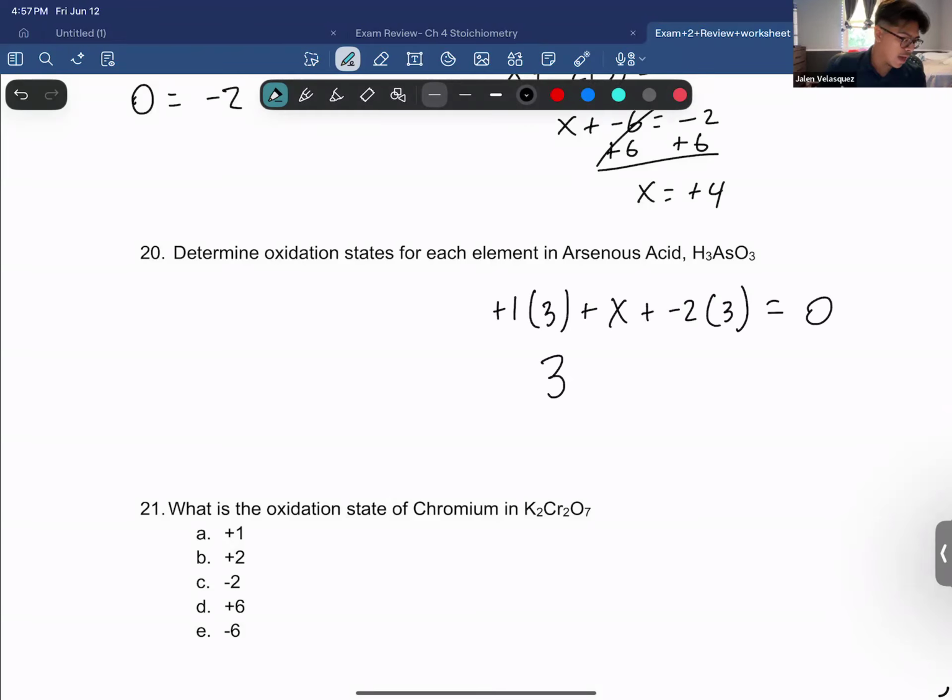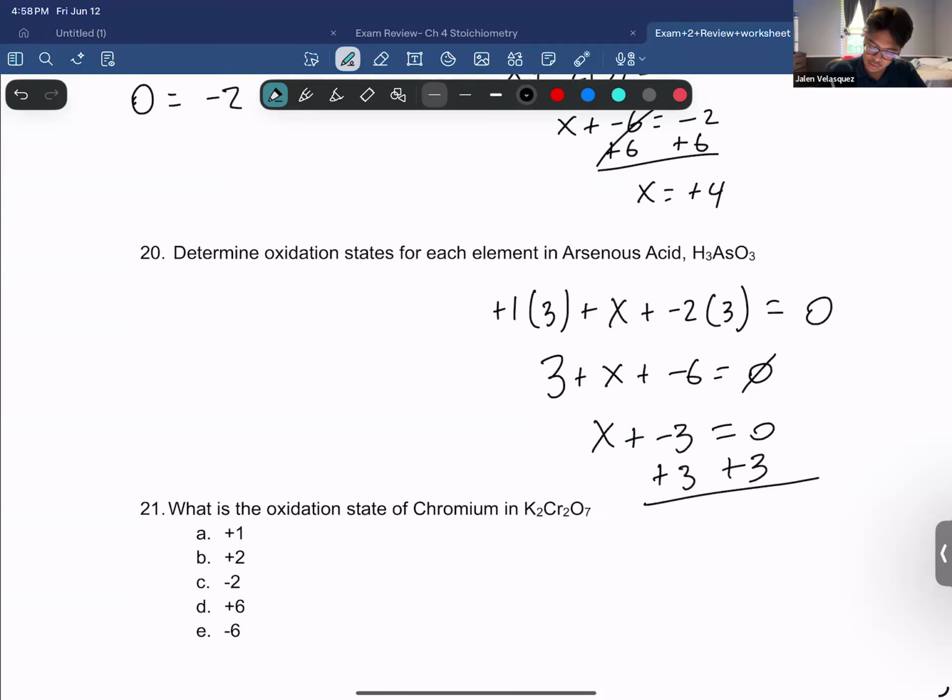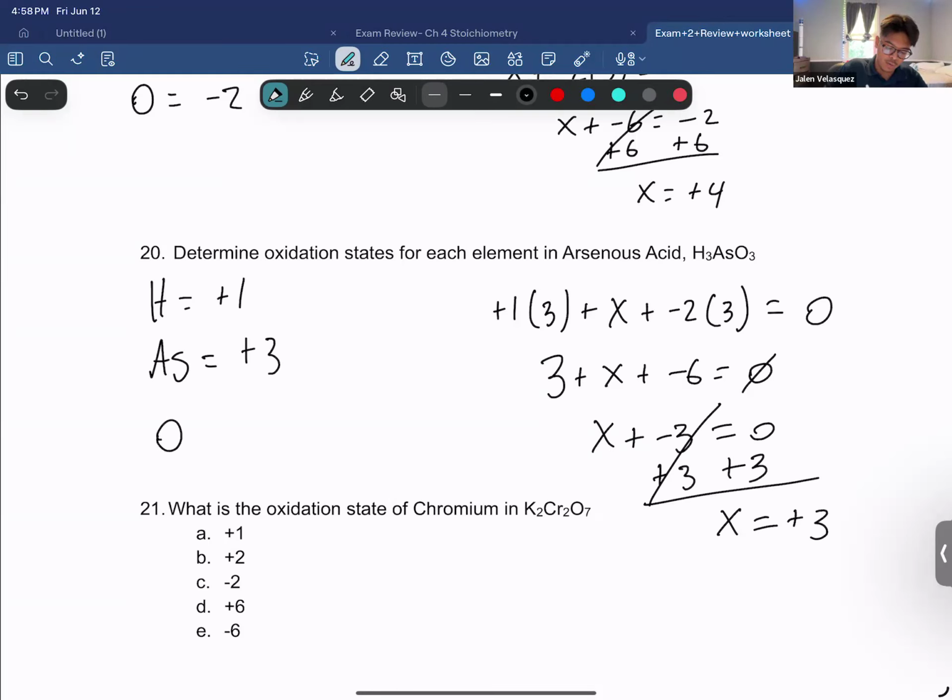So we have 3 plus X plus negative 6 equals 0. We can combine these terms, right? So we have X plus negative 3 equals 0. Bring the 3 over. X is equal to positive 3. So H is plus 1, As is positive 3, and then O is negative 2.